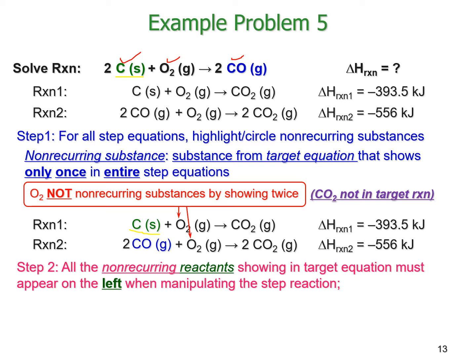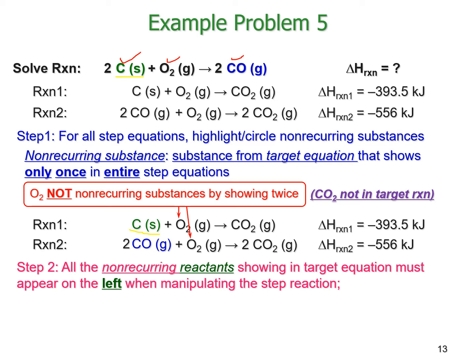Once we figure out one non-recurring substance for each step reaction, now let's look at step 2. It says all non-recurring reactants shown in the target equation must appear on the left when manipulating the step reaction. What does that mean? When we look at the target equation, the non-recurring substance carbon is the reactant.